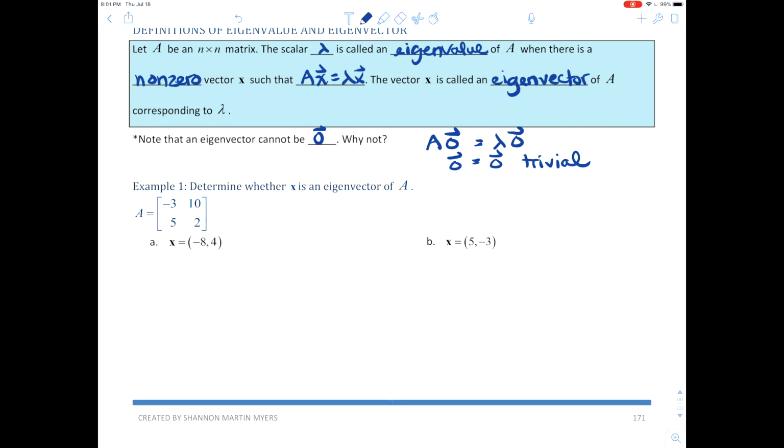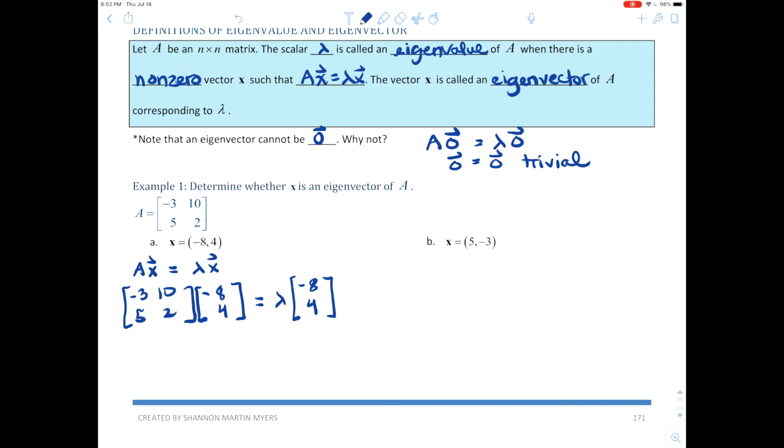All right, so let's check it out. We've got A times x equal to some lambda times x. A is the matrix -3, 10, 5, and 2 going across. And then x is -8 and 4 going down. And we want to find a lambda where lambda times x is equal to the product on the left.